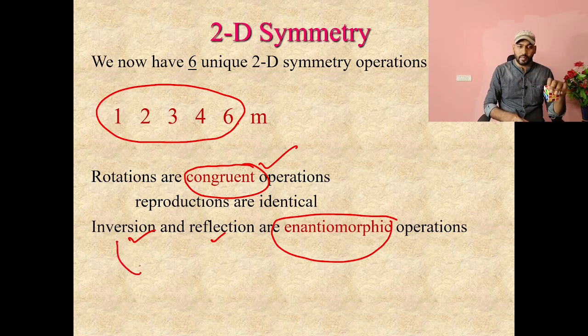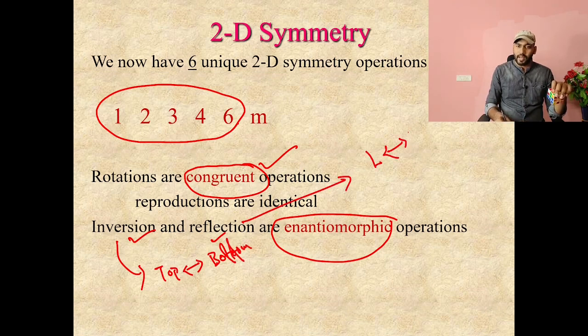Because in inversion, top will become bottom and bottom will become top. Similarly, in reflection, left will become right and right will become left. There is a change in side and a change in top and bottom. That's why we call it enantiomorphic operation, whereas rotation produces identical faces, so we call it congruent operation.